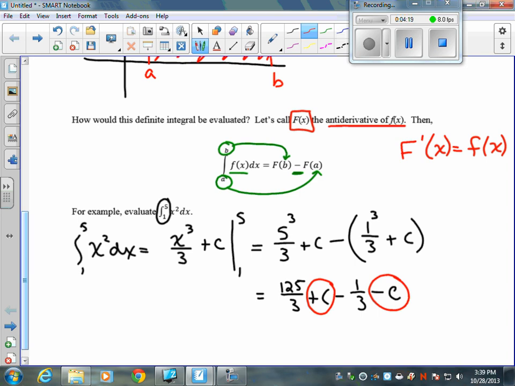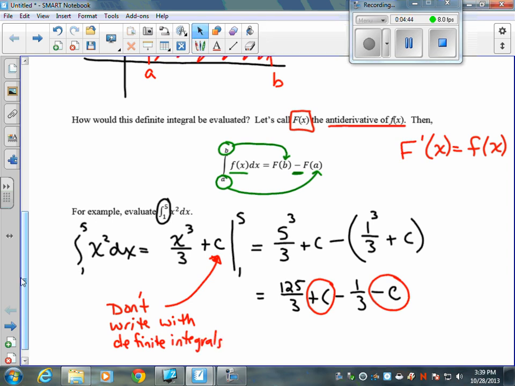That's going to happen every single time. So typically, we don't write this with a definite integral. You don't have to write it. If it's not a definite integral, then you have to have your plus c there. Okay, so now we're going to finish this out.